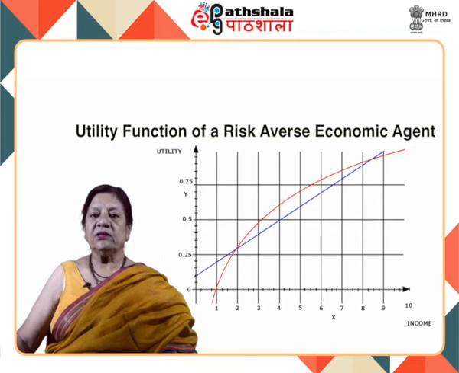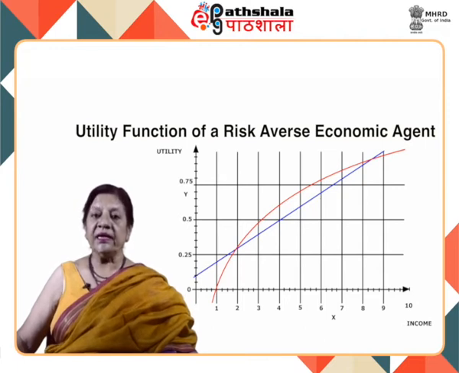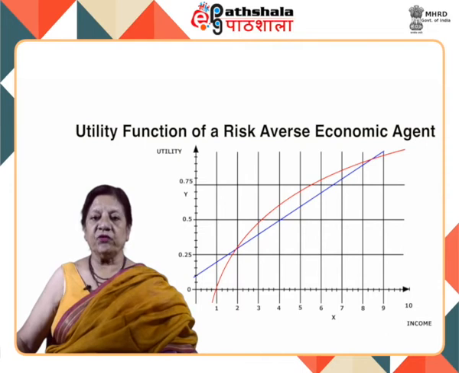Assume that this individual faces a risky prospect of either getting an income of 2 units with a probability of 0.5 or an income of 8 units with a probability of 0.5. His expected outcome, that is income, is 5 units.